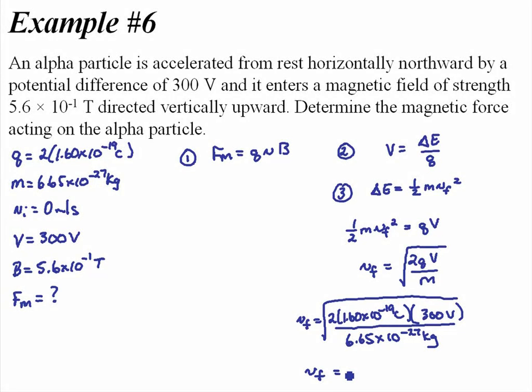So I will do it separately. 2 times 1.6 to the exponent negative 19 times 300 divided by 6.65 to the exponent negative 27. Don't forget to take the square root, because I just about forgot to do that as well.